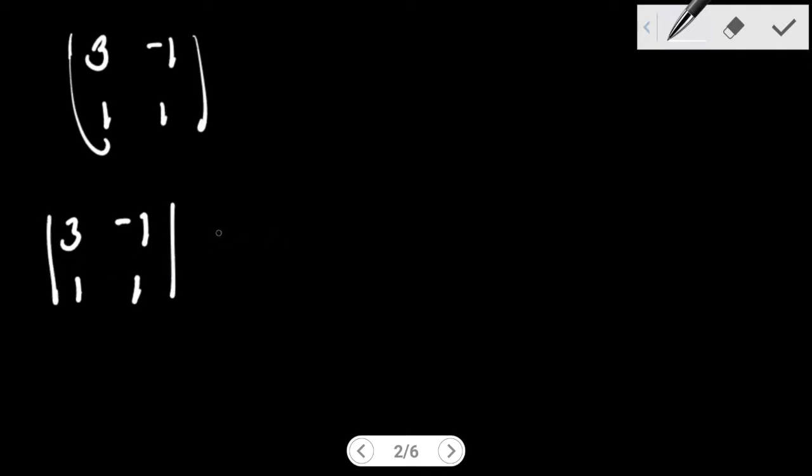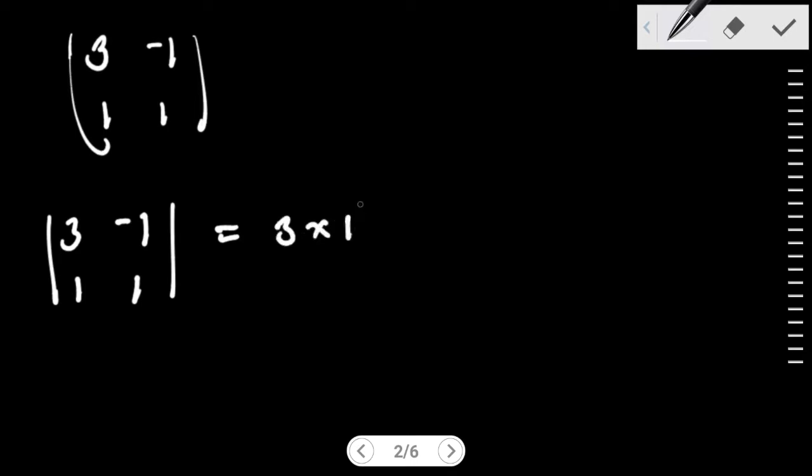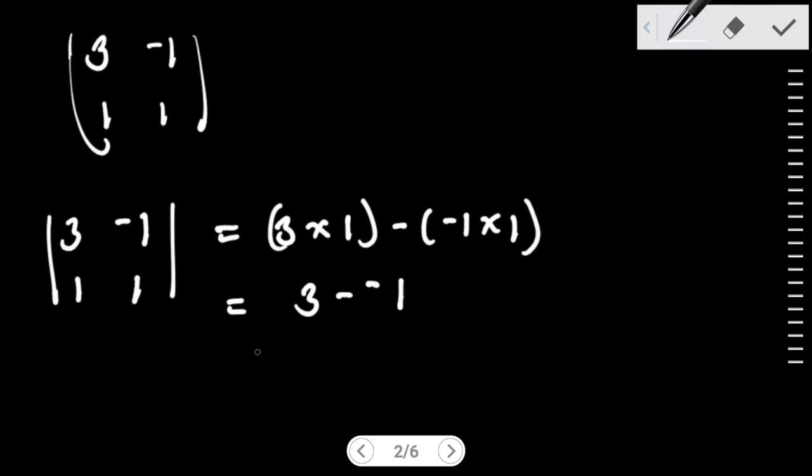The determinant would be 3 times 1, minus negative 1 times 1. This would be 3 minus negative 1, and therefore this would be 4, because the minus and negative turn into a positive. So this is the determinant of the 2 by 2 matrix.